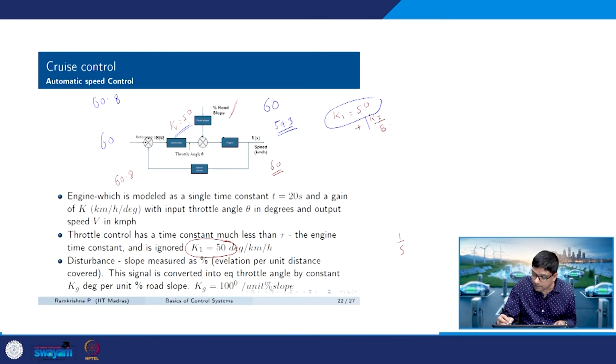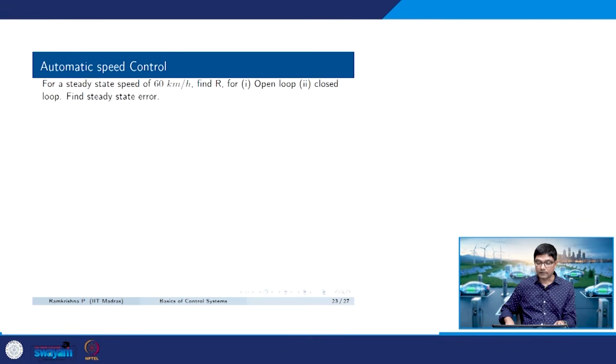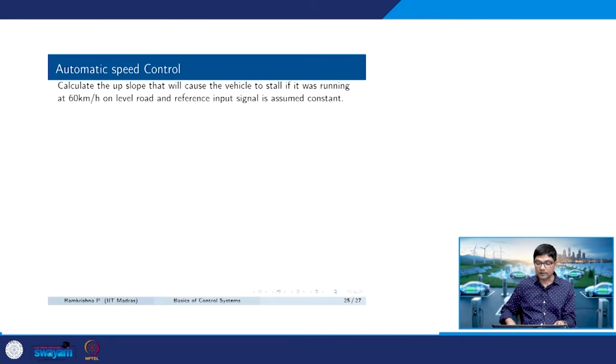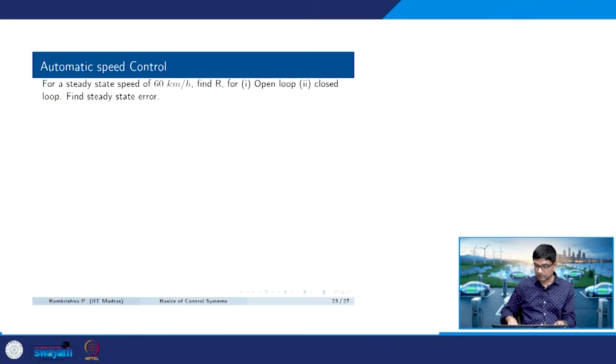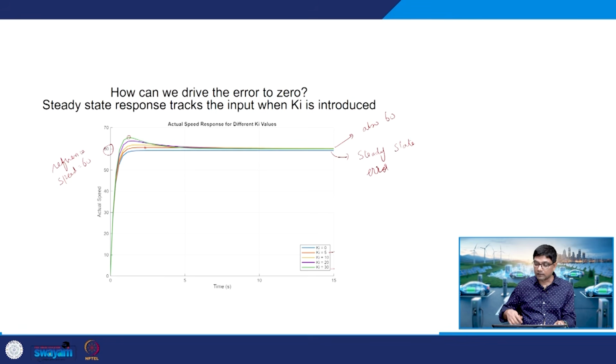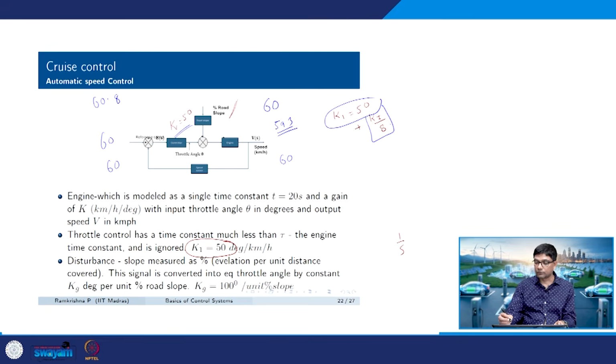Now, if I add an extra term Ki/s, I start with this 50 here and this 60 here, and what I see is that in the steady state this also goes to 60. So, the steady state error is eliminated when I just add an extra term of this form, Ki by s.